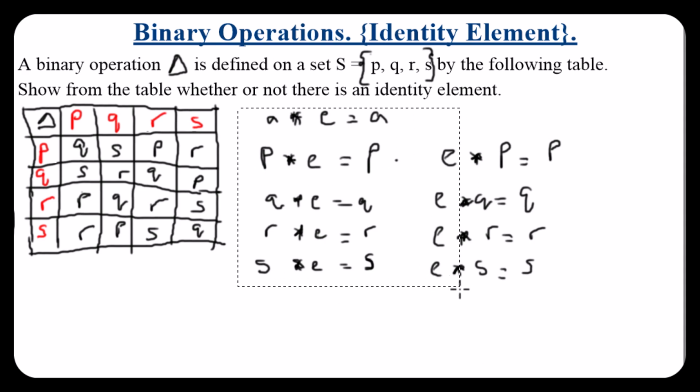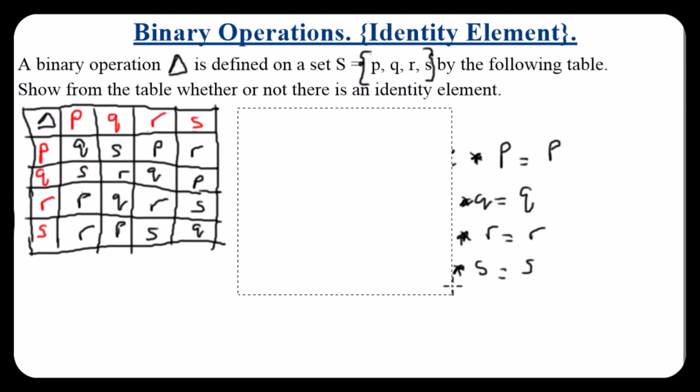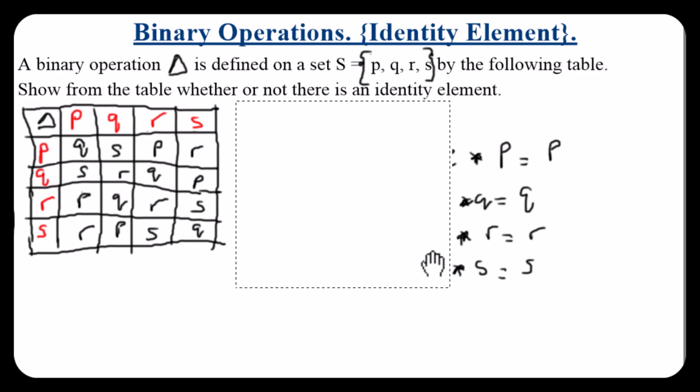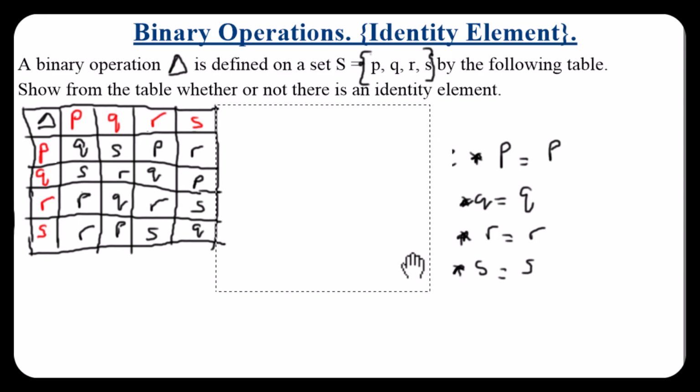So if there's an identity element, what will be the value of the identity element? Without wasting much time, let's see how we can solve the questions underneath this.